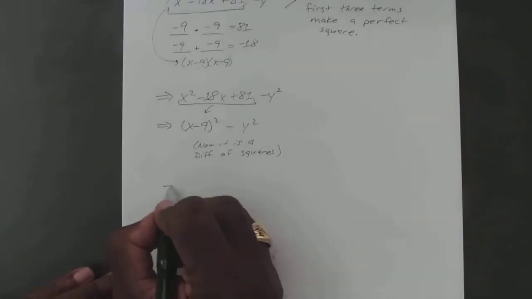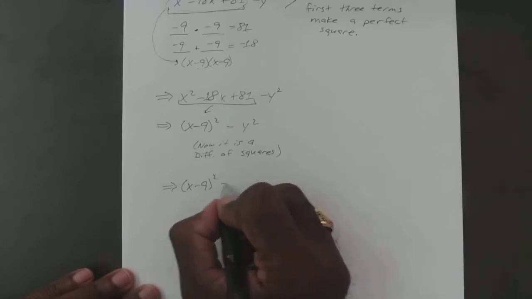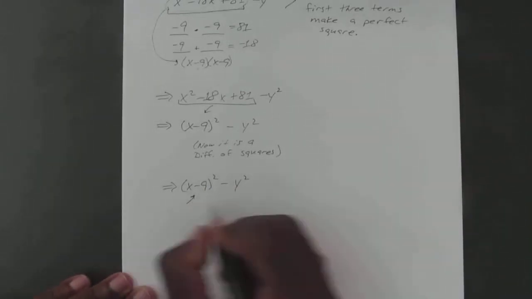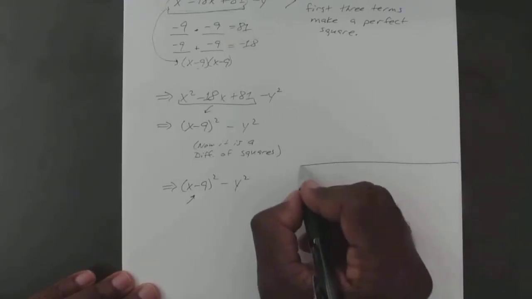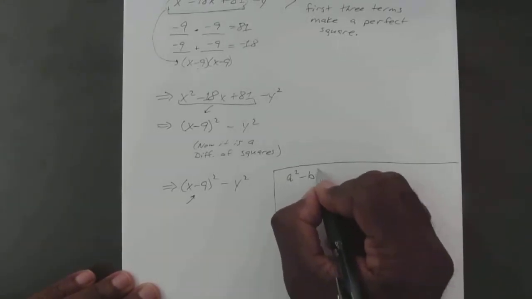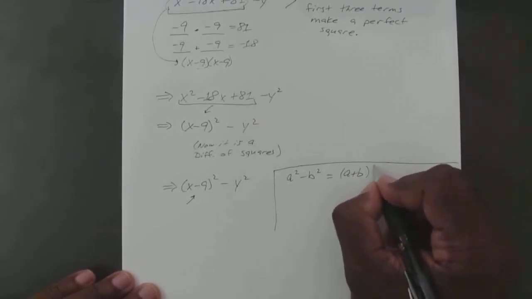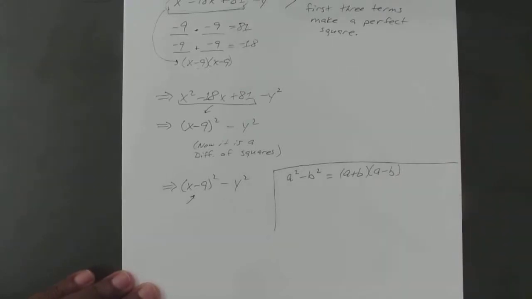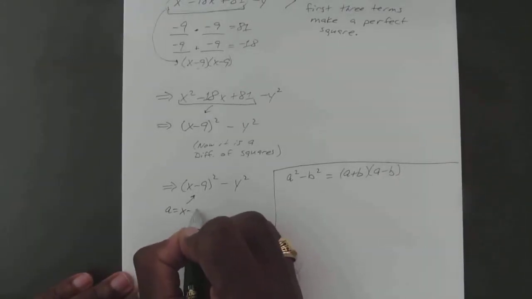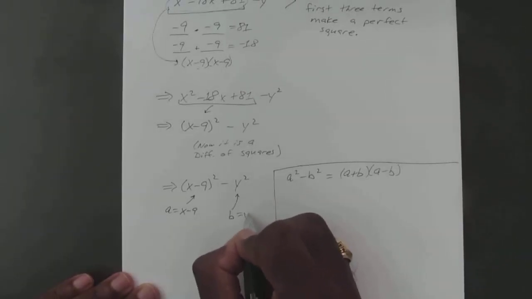I'll just rewrite it instead of trying to squeeze everything in there. Using the formula a squared minus b squared equals a plus b times a minus b, our a is going to equal x minus 9, and our b is going to equal y.